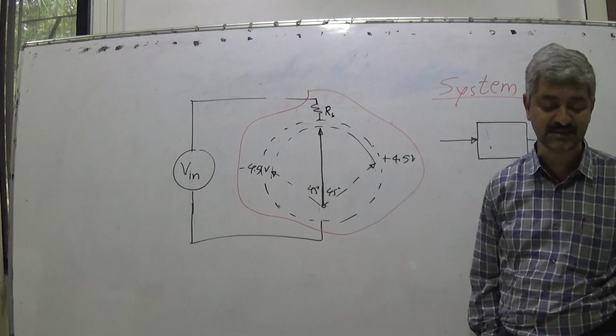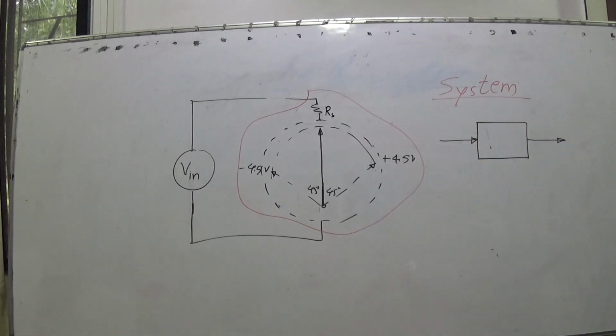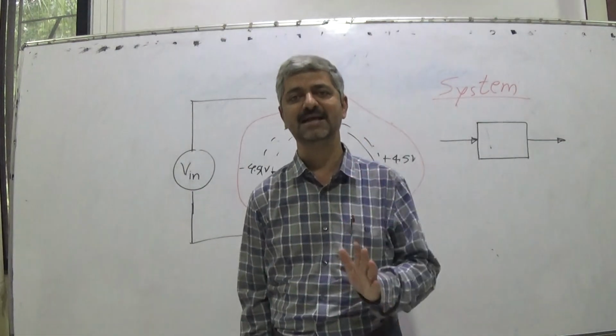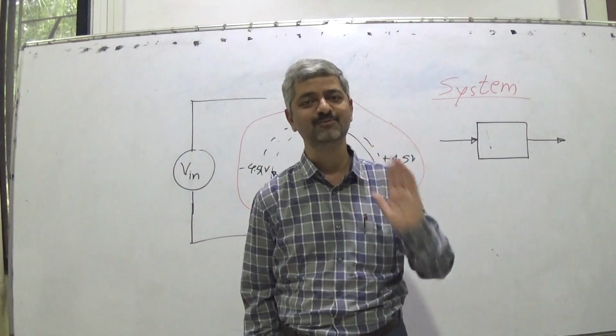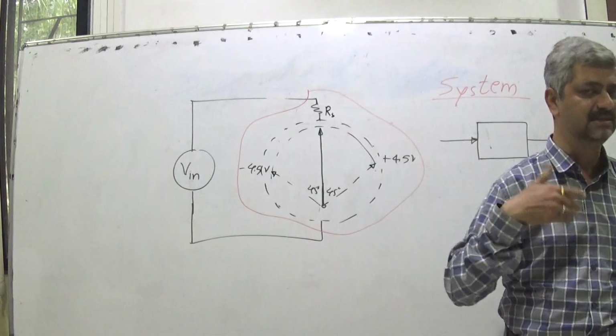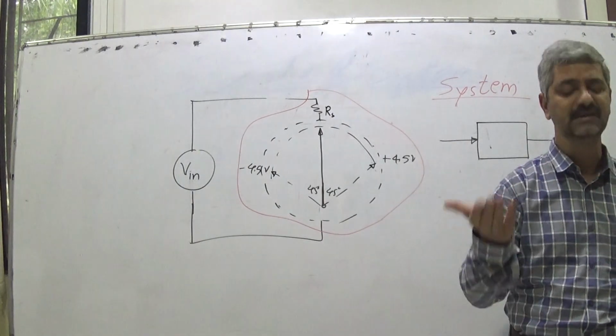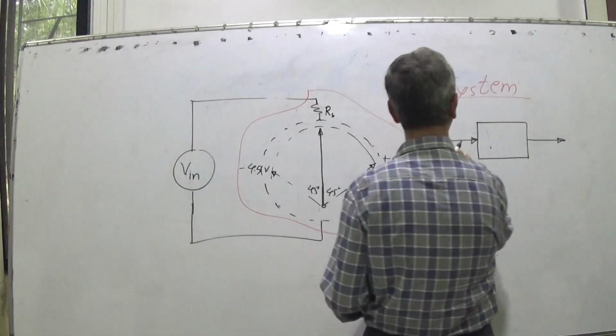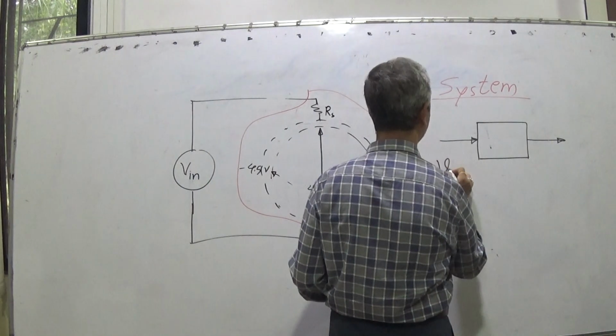So for this system, as I said, the system needs an input signal and the system has to give an output signal. So one input signal, again that signal is a physical parameter with time, and an output signal which is also a physical parameter with time. The parameter can be in the same units or different units. So in this case, what is the input to the system? V in.